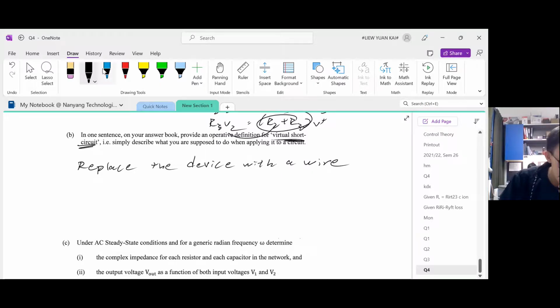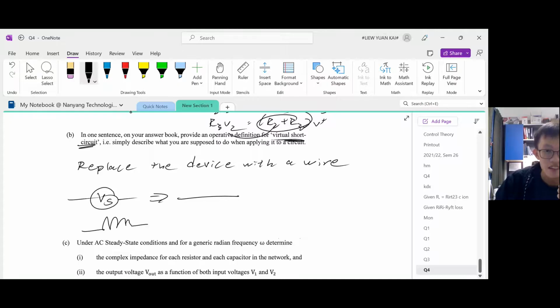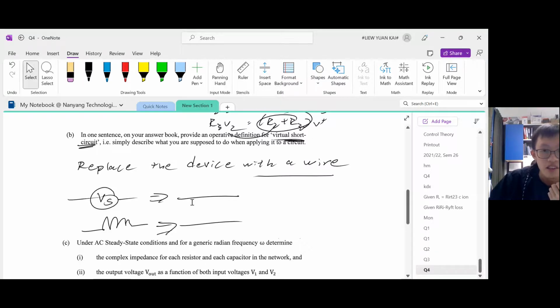We usually do this for voltage sources when we want to remove their effect, and we also do it to inductors. Inductors at steady state are replaced with virtual short circuits. So that's what I mean by virtual short circuit. Just replace it with a wire.